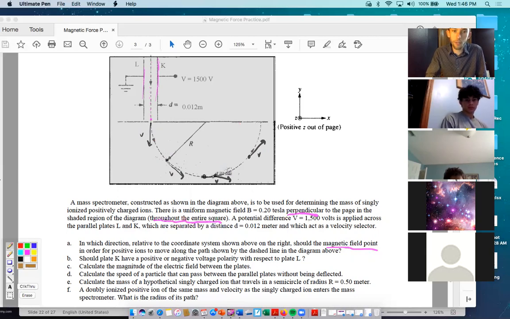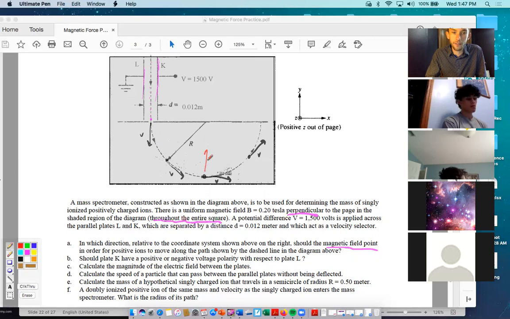So I can just pick one of these and use it to help me figure out the direction of the field, because this is circular motion, isn't it? Right here. So which direction is the force pointing, the magnetic force? In the direction of the radius, in towards the center of the circle, exactly.